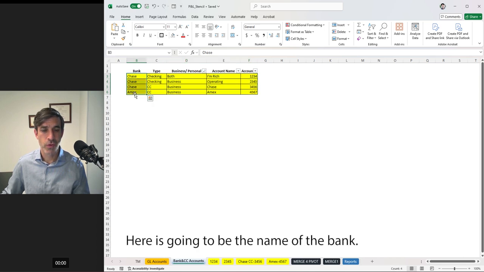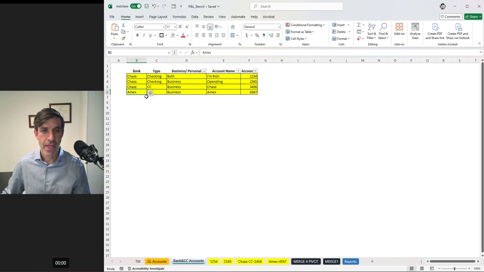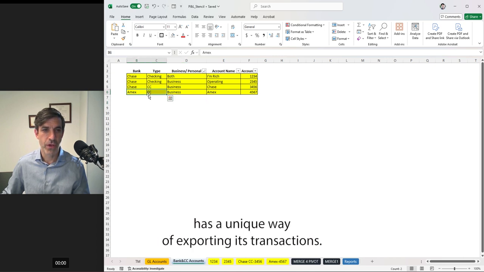Here is going to be the name of the bank, and the reason why I have this over here, it doesn't matter if it's Chase or Wells Fargo or any other bank. The difference is going to be Amex has a unique way of exporting its transactions.